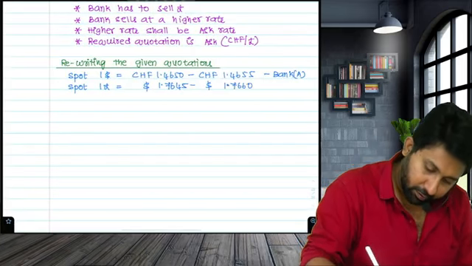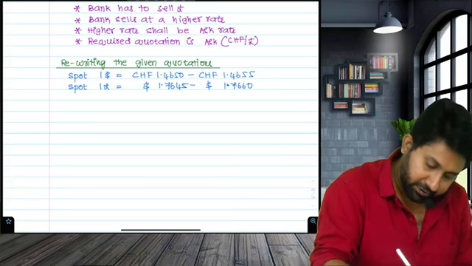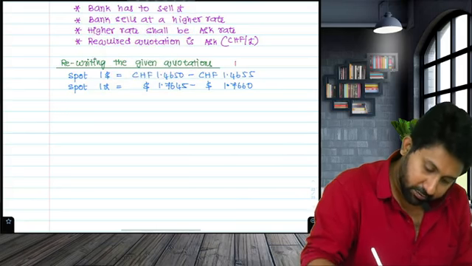Okay, both are given by the same bank. Which bank these are given? Bank A.